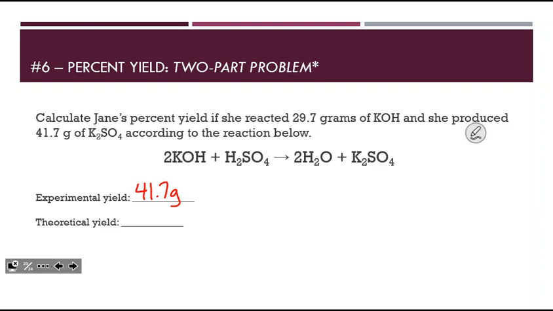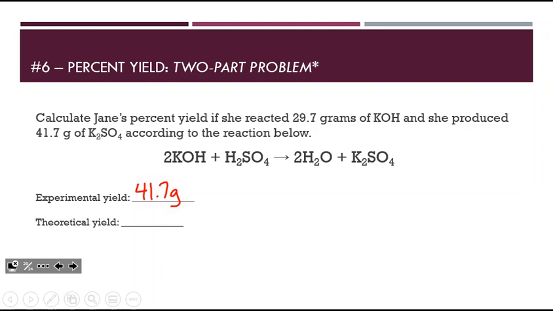However, what's the other number that they gave us? They didn't give us the theoretical. What did they give us instead? They gave us 29.7 grams of KOH. And guess what KOH is in the reaction?